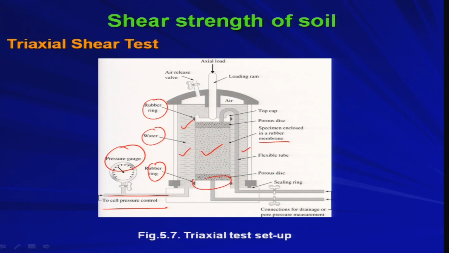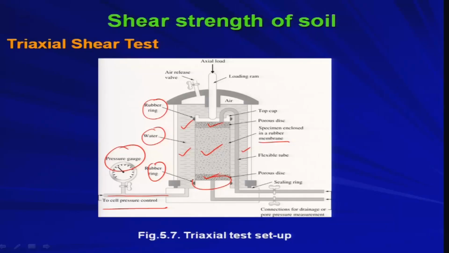Now, the soil specimen will have porous discs at the top as well as the bottom to facilitate drainage. Under this process the soil specimen may consolidate, and this consolidation will be facilitated by the drainage of water from the soil specimen, which will be taken care of by these porous stones. Now, this is your top cap, and these two pipes will take care of the pore pressure determination.